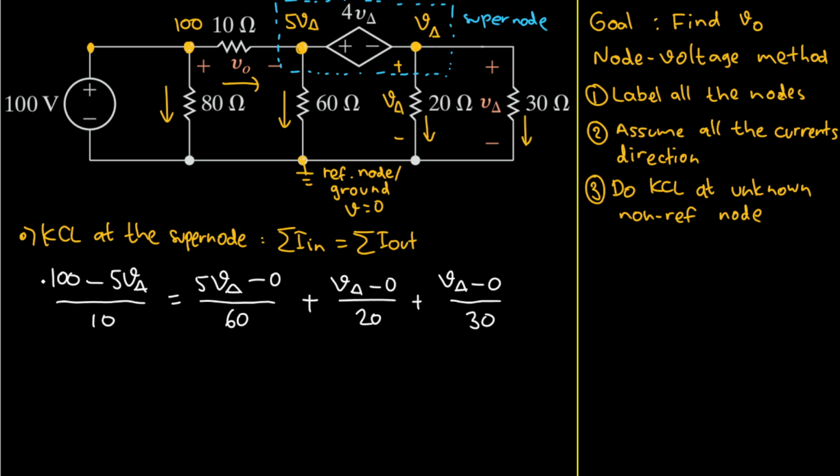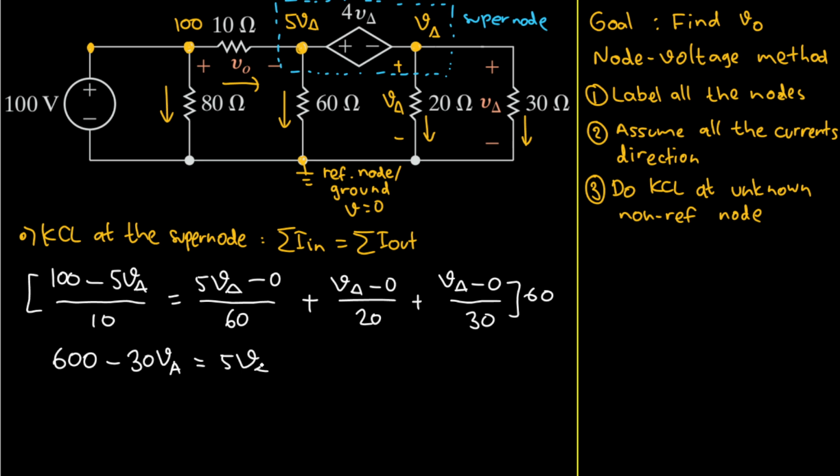Good. Now we can multiply both sides here by 60 to cancel out all the denominators. So 10 and 60 will cancel into 6, so I will have 600, and then minus 5 multiplied by 6, that will be 30, right? So I'll have 30 V delta. Good. 60 and 60 will cancel each other into 1, so I will have 5 V delta minus 0, which is just 5 V delta.